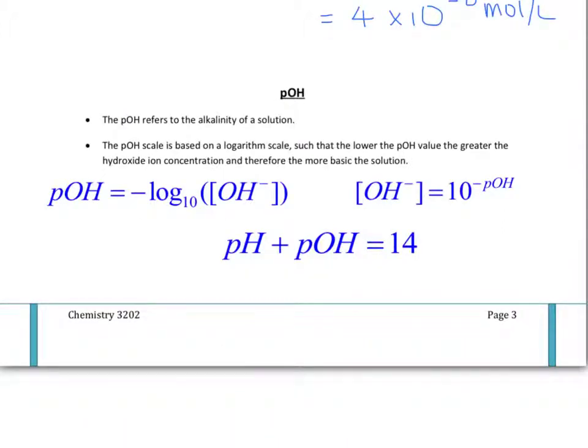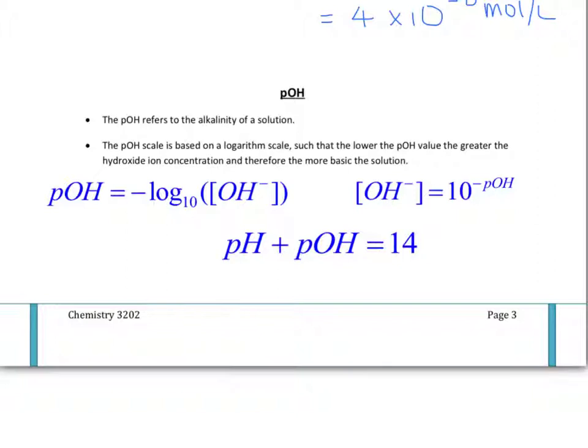Now let's look at pOH. As the name suggests, in comparison to pH, pOH refers to how basic a solution would be. The pOH scale is also based on the logarithmic scale, and the formulas associated with pOH are very similar to that for pH.